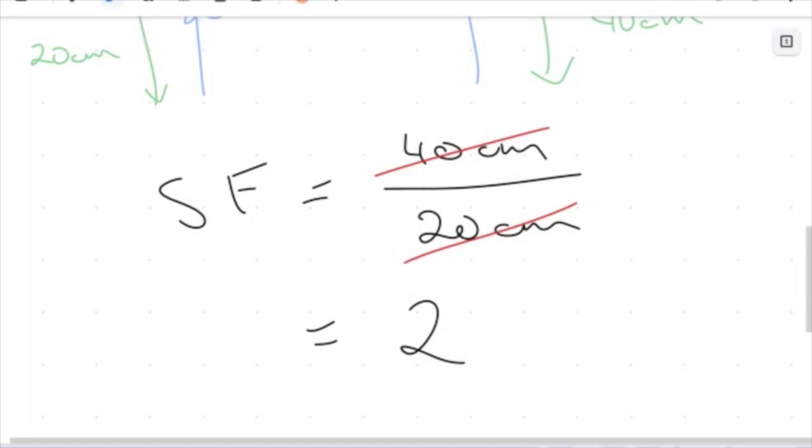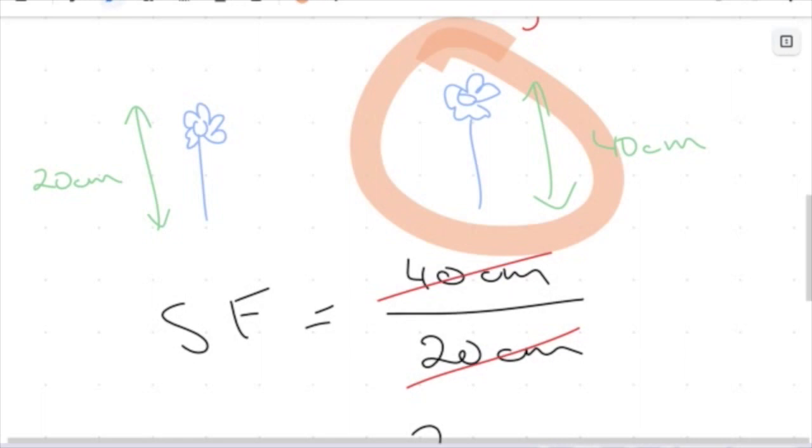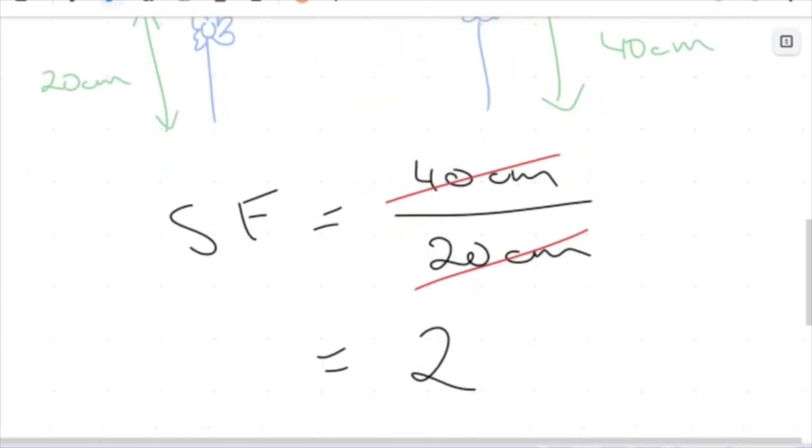So not only will the numbers cancel out, the units will cancel out as well. So reminder, the scale factor is not a measurement. It is just a multiplication applied to an original image, an original length or shape to get an image that is either bigger or smaller.